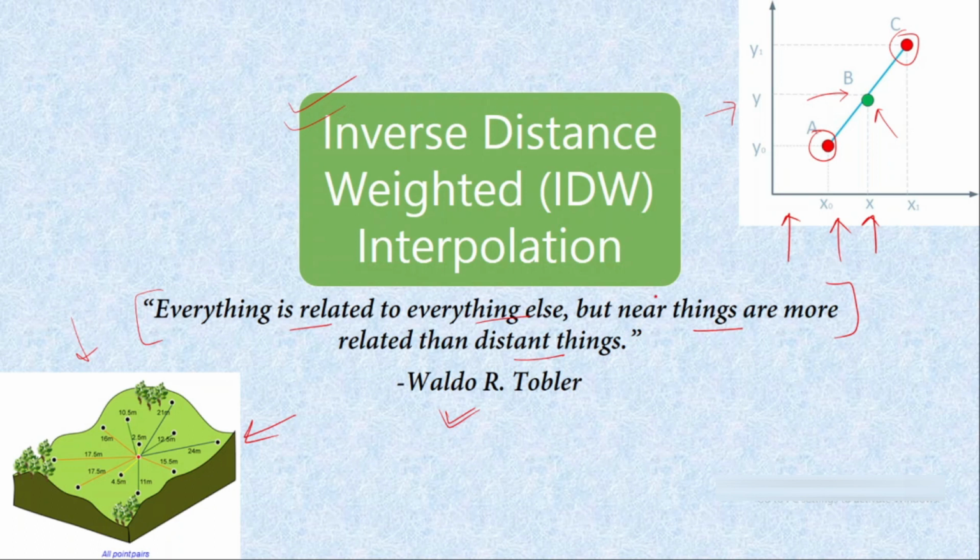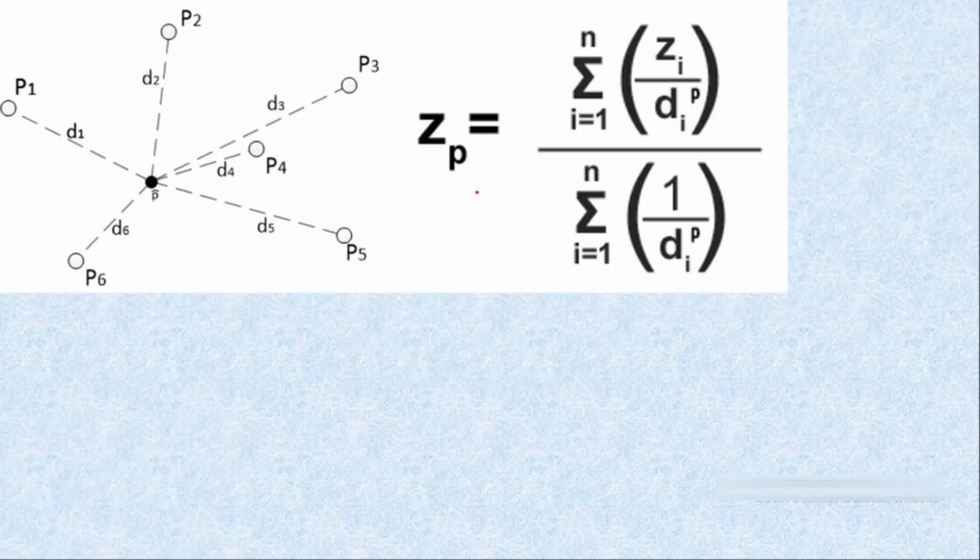In this IDW interpolation, the main core is the distance, which is related inversely with the weights given to the known points. So in this technique, what we actually do is we have an unknown point P, which is surrounded by so many points P1, P2, P3 and up to P6, which are all known to us. The value, whatever it may be, is known to us, and also the Euclidean distance.